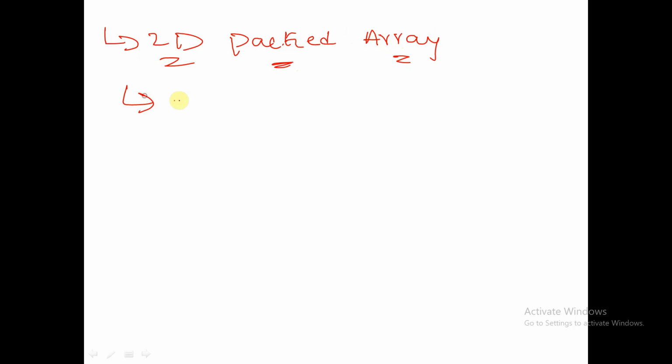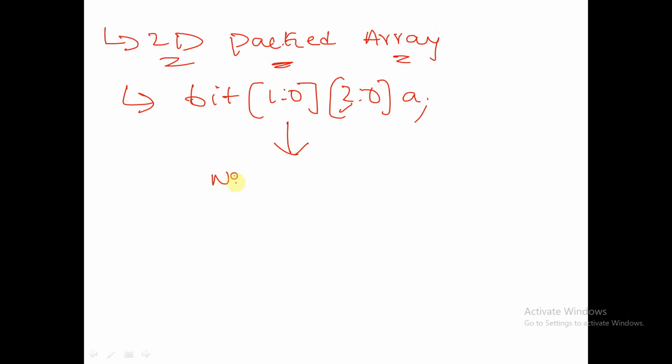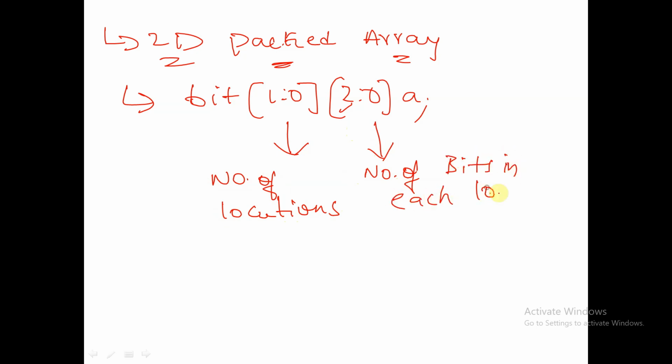In case of a two-dimensional packed array, I will take this example: bit 1 down to 0, 3 down to 0, A. So this is the number of locations, and this one indicates the number of bits in each location, and this is the array name.